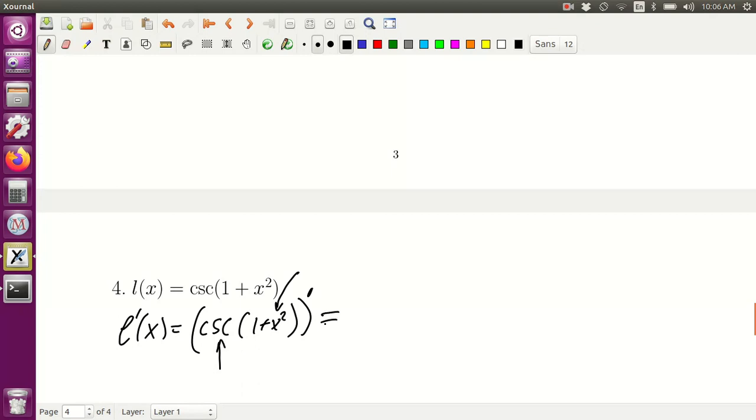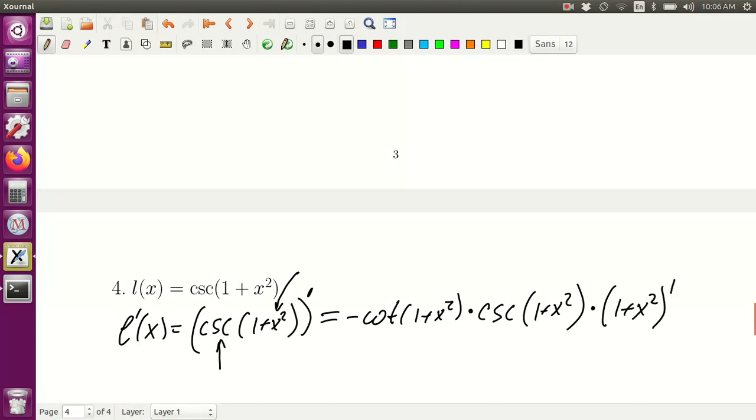So the derivative of cosecant is negative cotangent times cosecant, so negative cotangent of 1 plus x squared times cosecant of 1 plus x squared, times the derivative of the inside function, which is the derivative of 1 plus x squared.